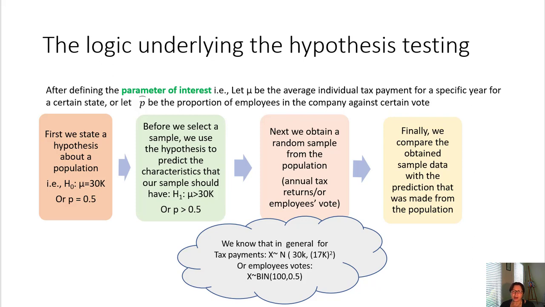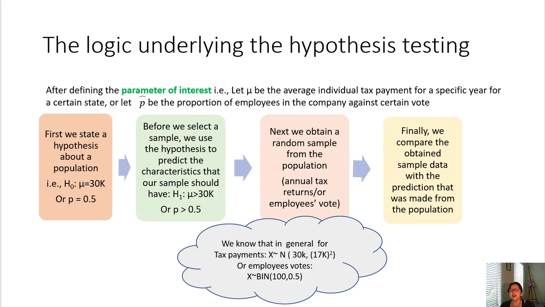The logic underlying hypothesis testing begins after defining the parameter of interest. So when we have a research question, first we have to formalize it into a null and alternative hypothesis. If, for example, I say that I believe that the IQ score of students in data science is higher than that of the general population of university students, I'm talking about the average IQ score, so I'm talking about the mean.